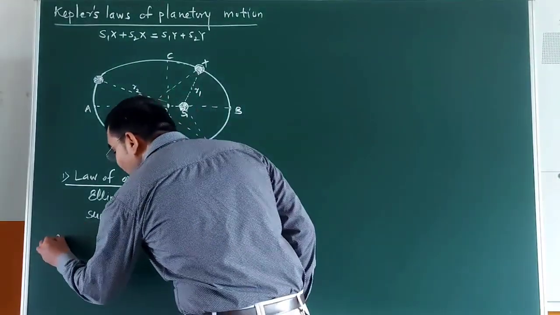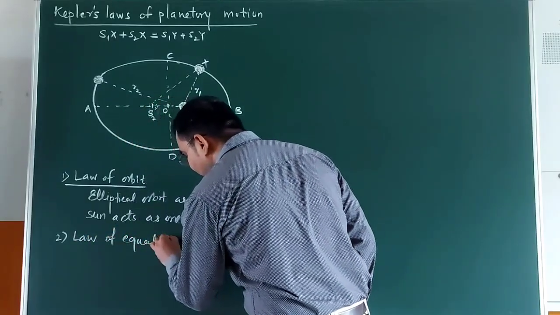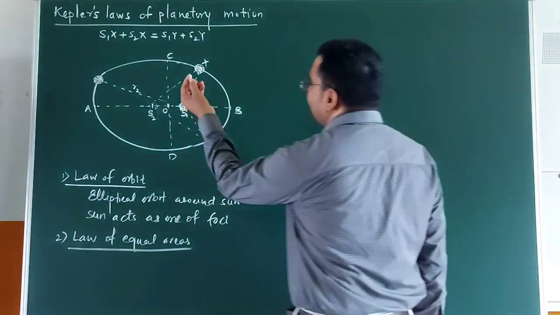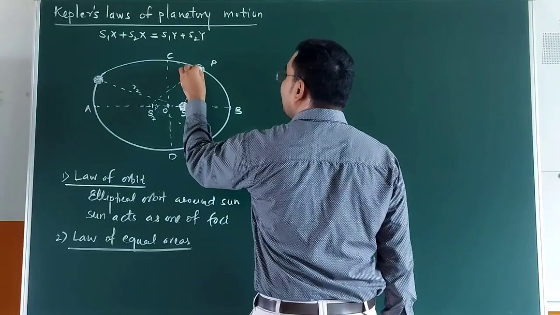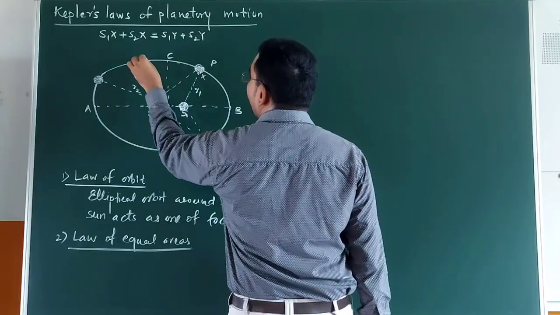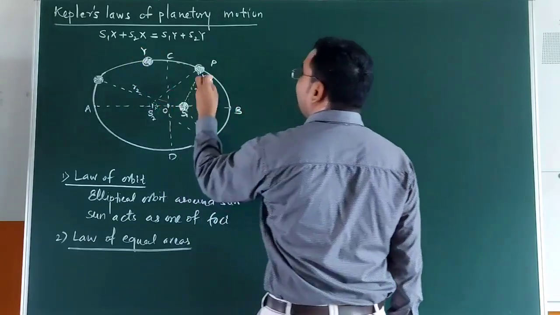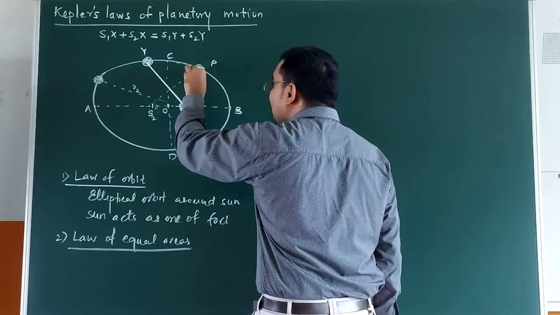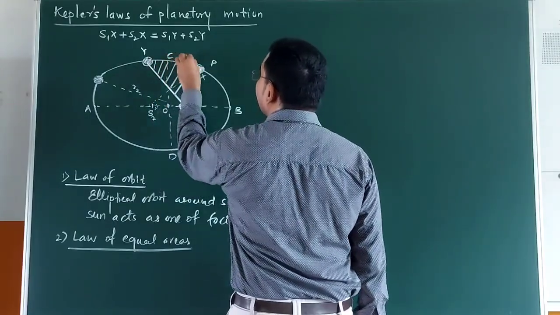Okay. The second law is very important. We call it the law of equal area. Now, to make this law clear, suppose planet P moves from its initial position, say X, to a final position, say Y. If I trace the area covered by its sector, say it is A1.